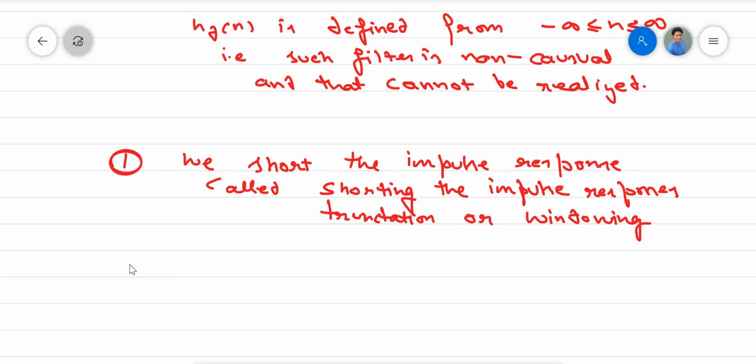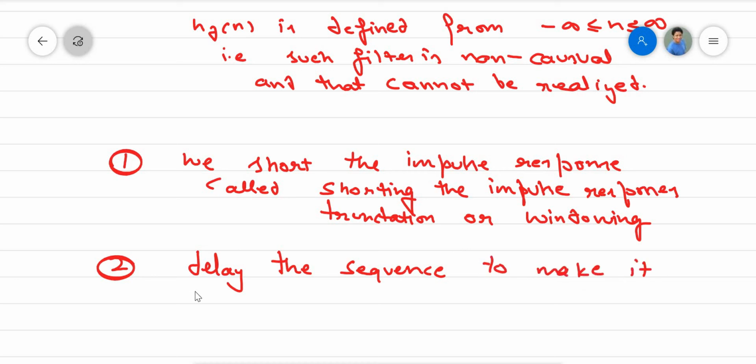That means we have to delay the sequence. So the second point is to delay the sequence to make it causal.